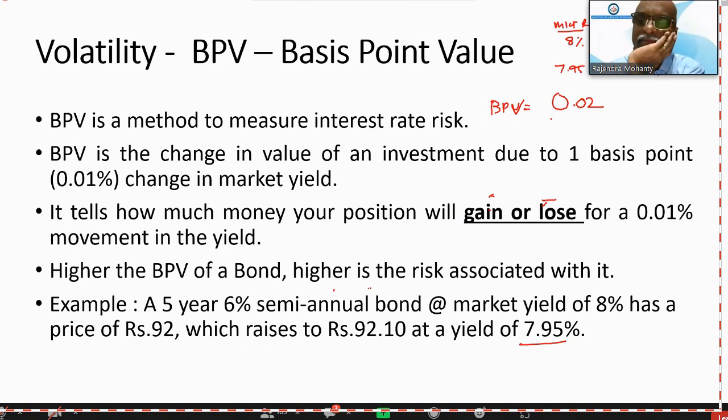Always paisa. I told you, change in the value of investment is to be in currency only. So this will always be in rupee. So here it is rupee. I can say it is 2 paisa or rupee 0.02. Clear? Sir, how will it come, sir?